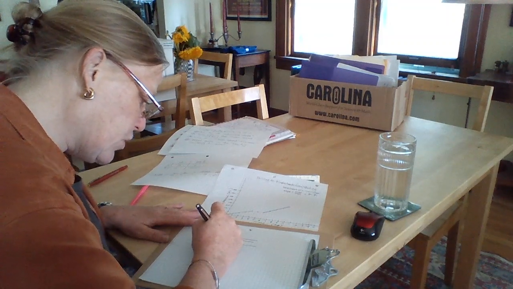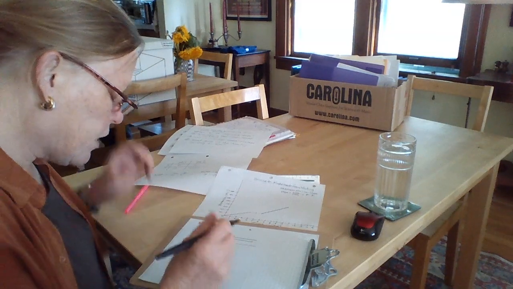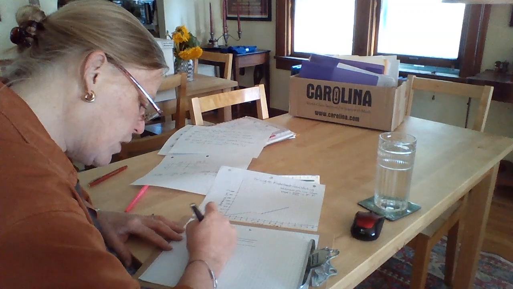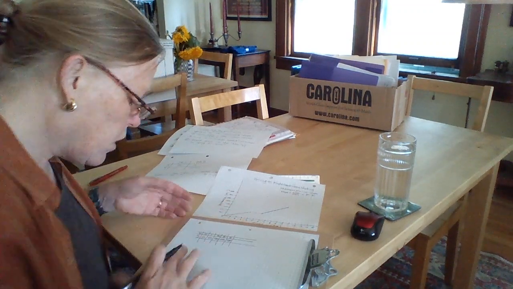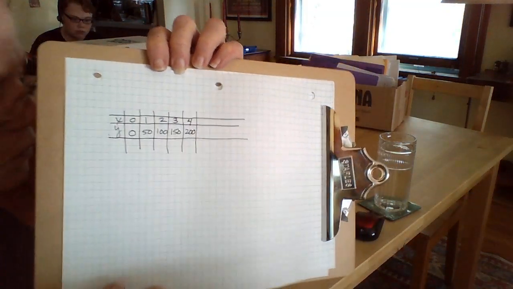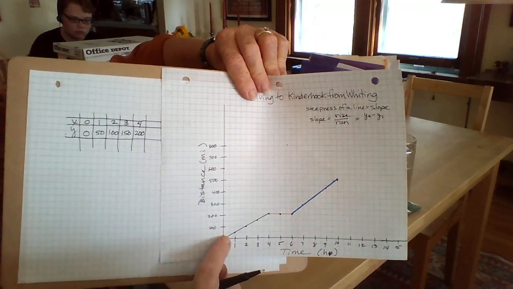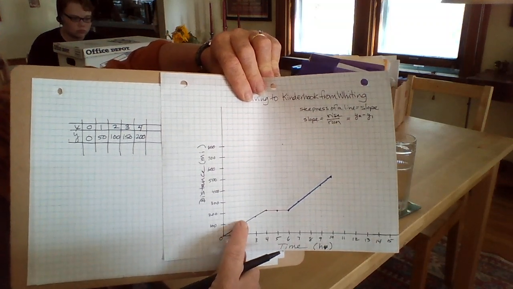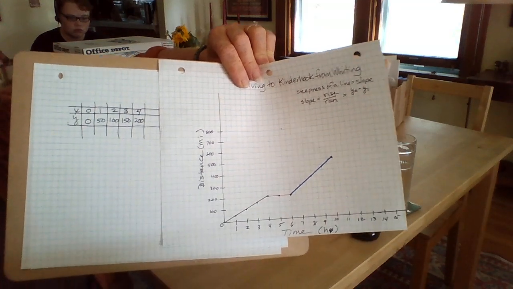Our third X is 2, 3, 4. Okay? So our X's are 0, 1, 2, 3, and 4. And our Y's are 50, 100, 150, and 200. 0 first, of course, right? 0, 1, 2, 3, 4, 0, 50, 100, 150, and 200. Okay?